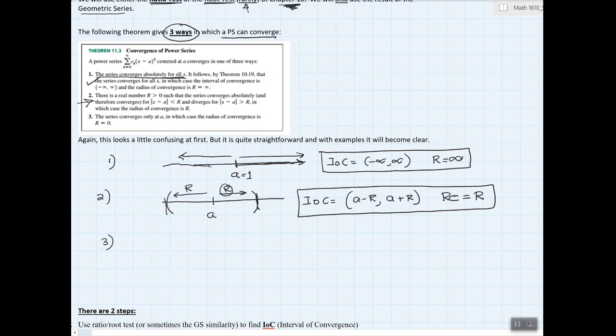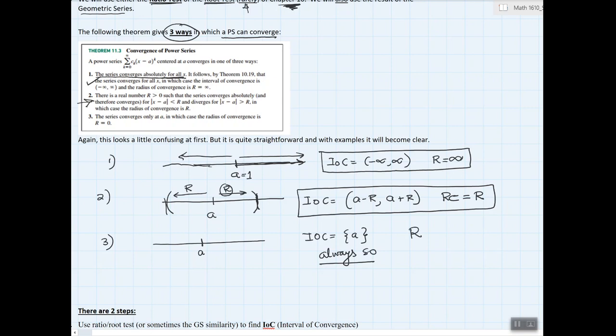And the third possibility is that the series converges only at a. That means your interval of convergence is just one value a, and that is always so anyway, as we agreed earlier on, that every power series will always converge if your x takes the value a.